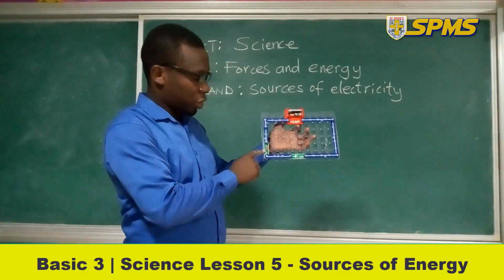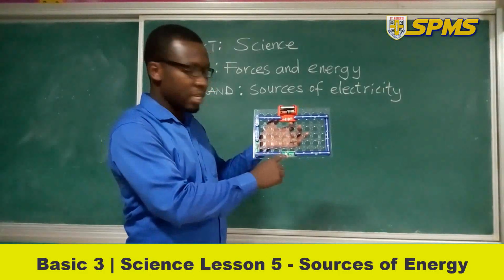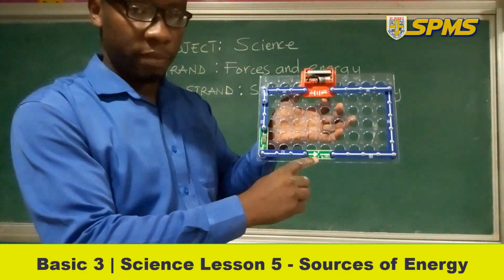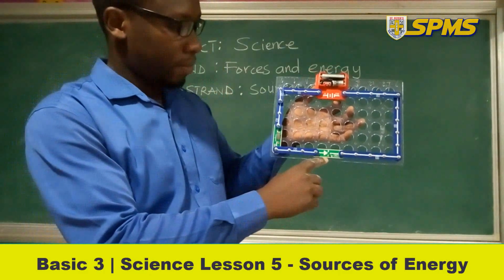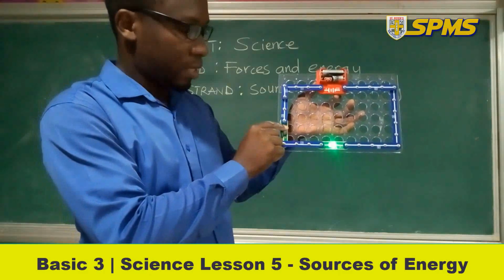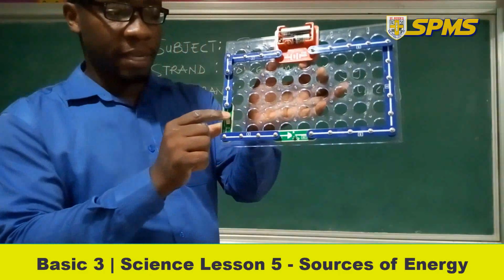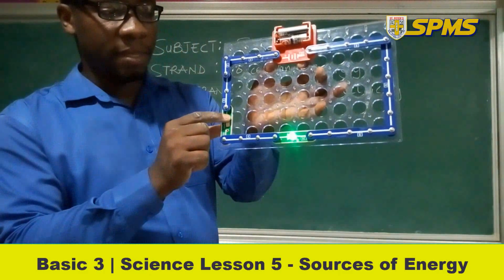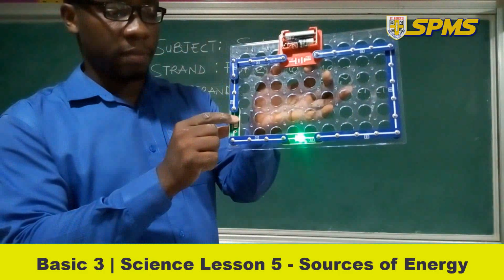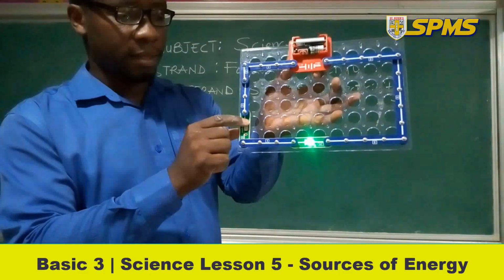We have the switch and then the LED bulb, you can see. So when I turn on the switch, you can see that the LED turns on. Can you see? Yes.